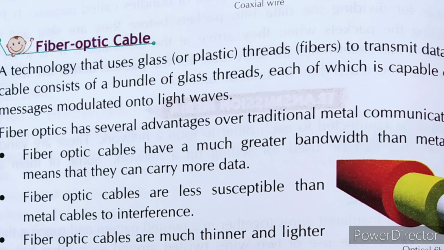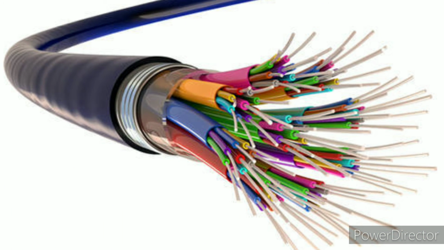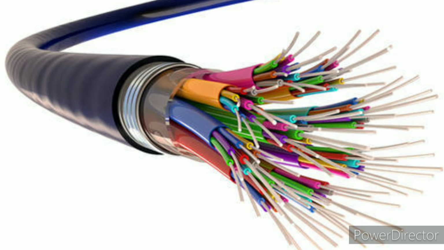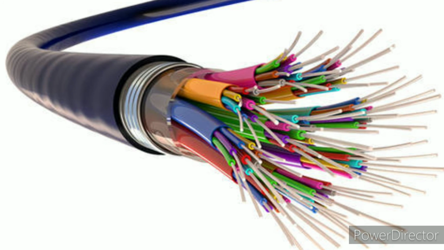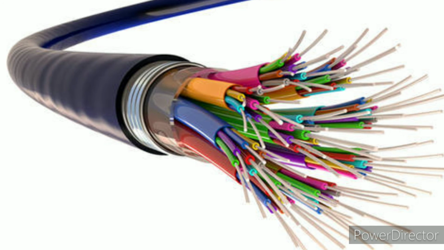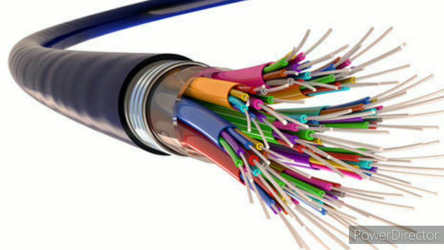A fiber optic cable consists of a bundle of glass threads, each of which is capable of transmitting messages modulated onto light waves. It has several advantages over traditional metal communications lines.